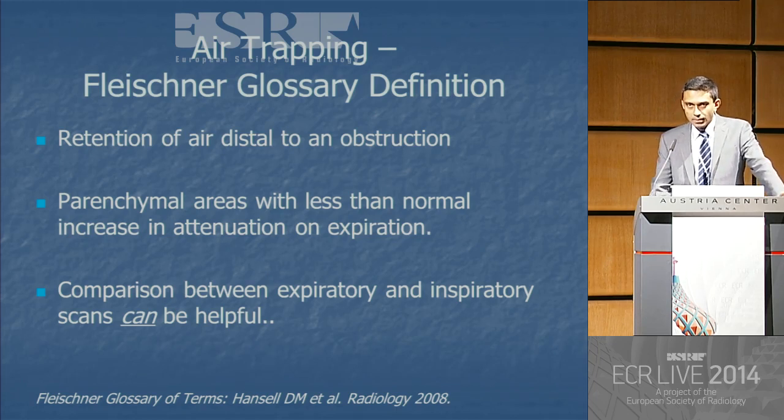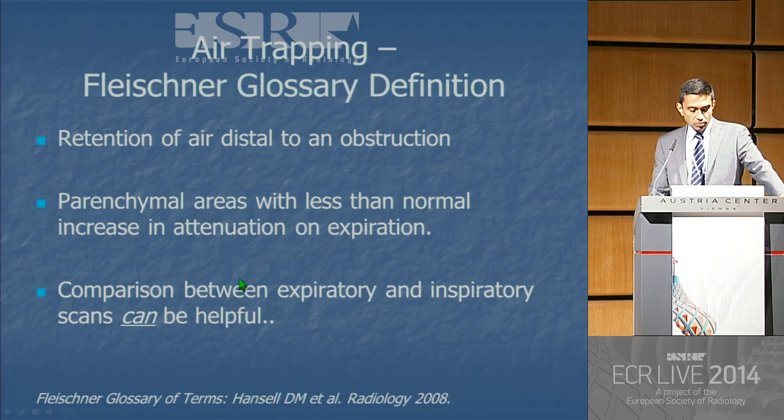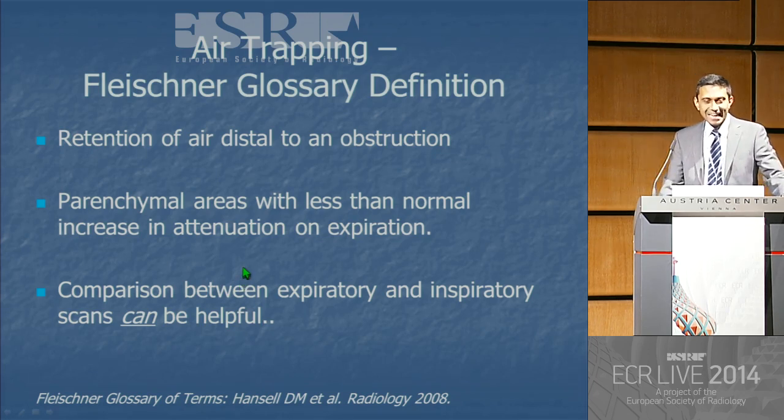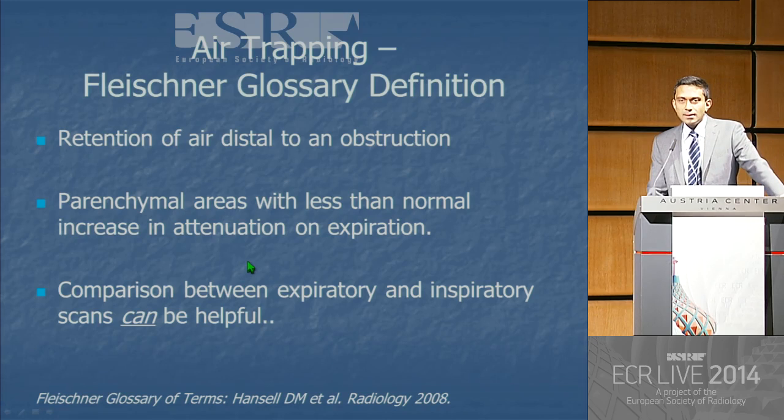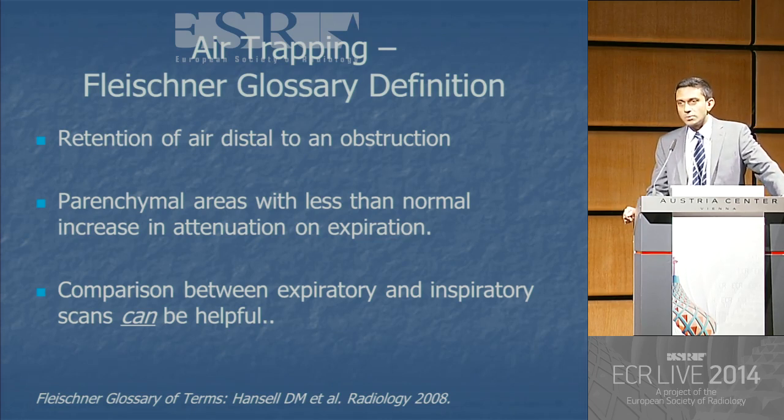I simply put that up there to illustrate that the glossary does recognize the importance of performing expiratory CTs for identifying air trapping, but it also goes on to say something interesting, which is that comparison between expiratory and inspiratory scans can be helpful. It doesn't say they are always helpful or that it's mandatory, and the reason I say that is because I'm going to show you some examples where you can identify air trapping or small airways disease without resorting to expiratory CT.